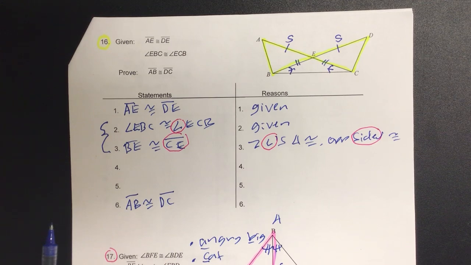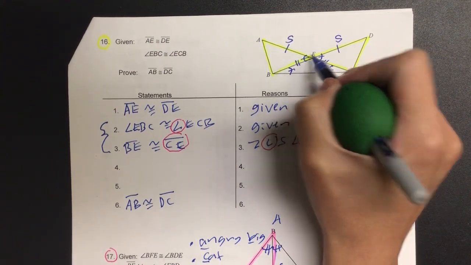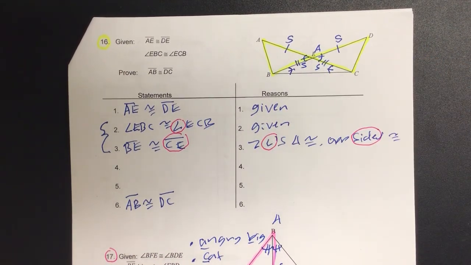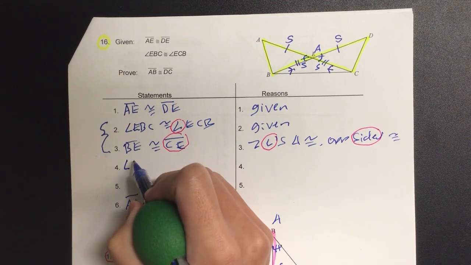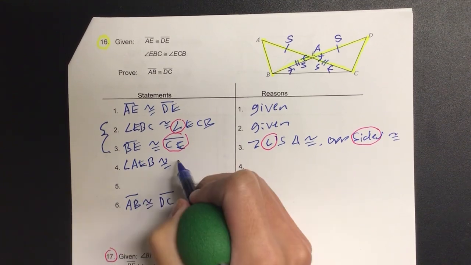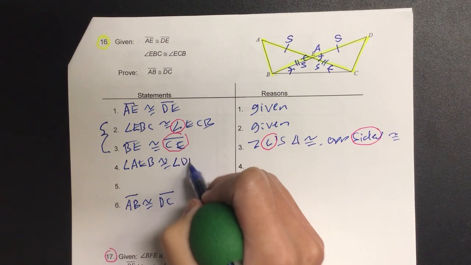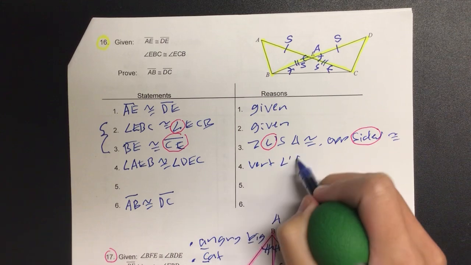Between those two triangles, do I see a reflexive or vertical? Vertical angles are always what? Congruent. So I'm going to put A as an angle, and I forgot the side over here. So for the vertical angle, we have to use 3 letters. If I start the first one as AEB, it's congruent to. How would the other order be? DEC. And that's because vertical angles are congruent.